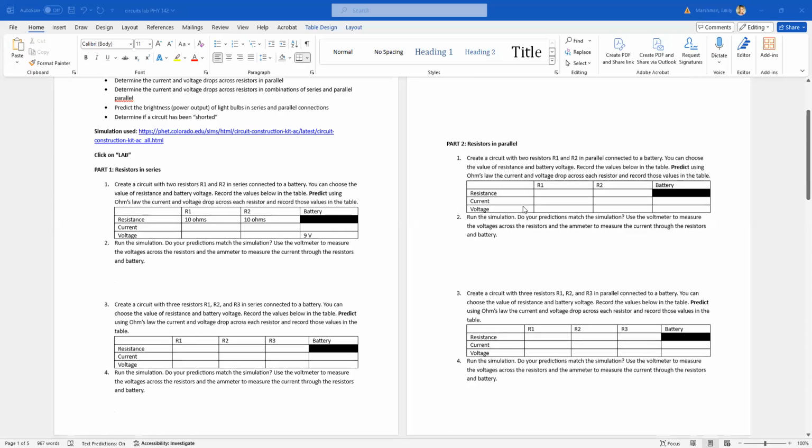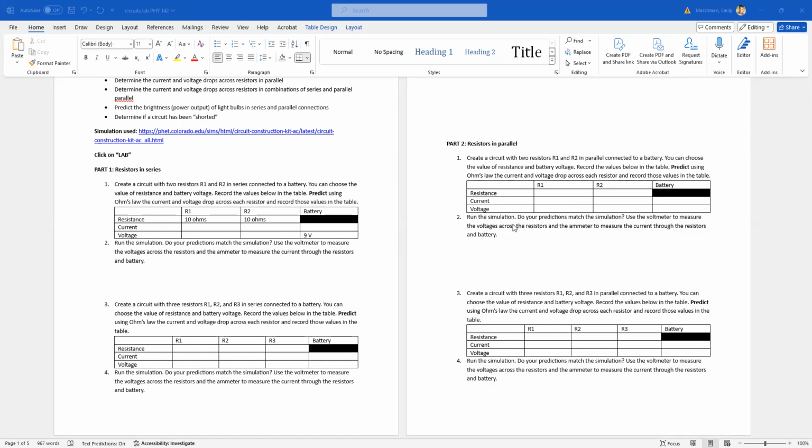The other part of the circuits lab asks you to do resistors in parallel. So again, just create your circuit with 2 resistors in parallel connected to the battery and make a prediction as to what you think it should be. And then check your prediction using the simulation.